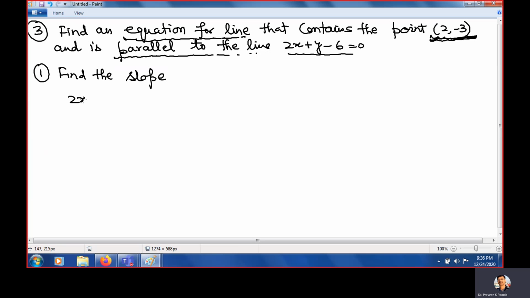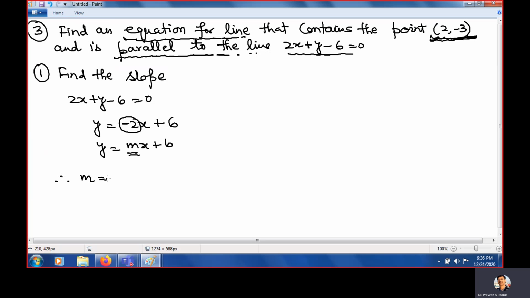So it is 2x plus y minus 6 is equal to 0. Now y is equal to minus 2x, and this minus 6 will be plus 6. Now you can compare this with y is equal to mx plus b. What is the value of m?